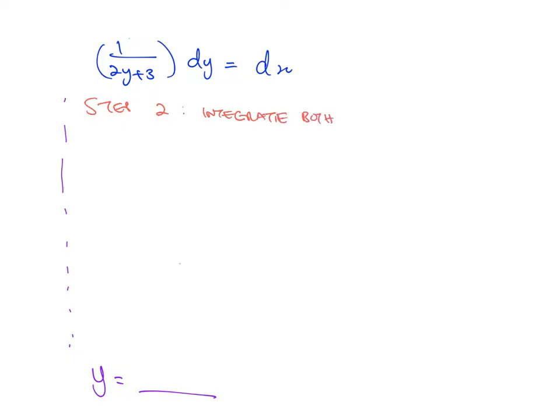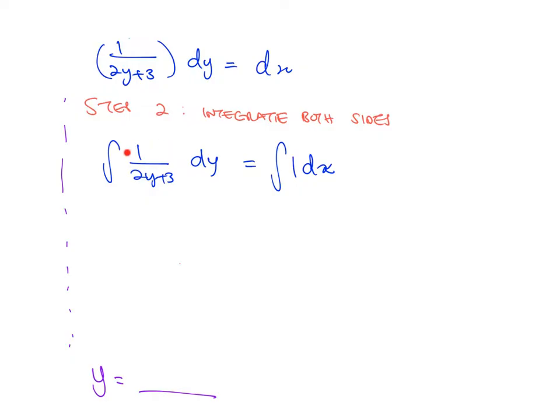Okay, and it's clear that I'm going to integrate the left hand side with respect to y, and I'm going to integrate the right hand side with respect to x. And then it goes back to what I've mentioned already, and that is that you need a clear understanding of the rules of integration.